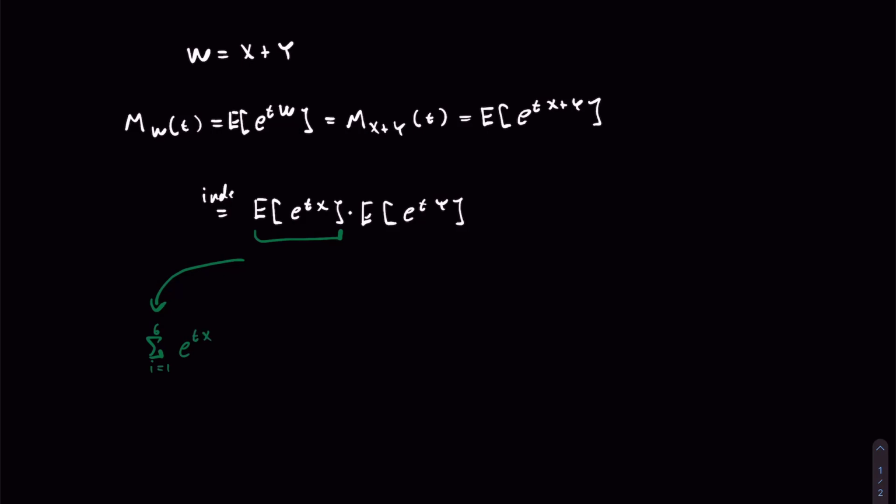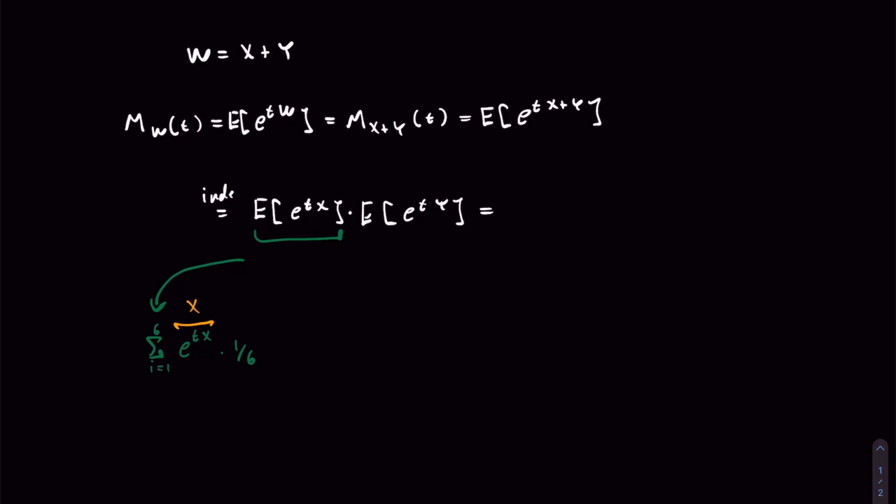By LOTUS we can then view this term here as the transformation of the value x, and we multiply it by the PMF of these values. So it's 1 divided by 6 because each outcome has an equal chance of happening.